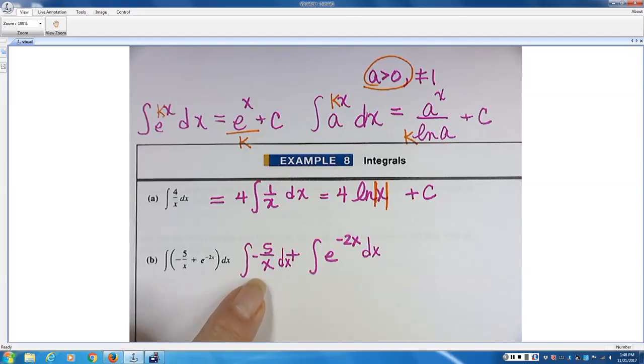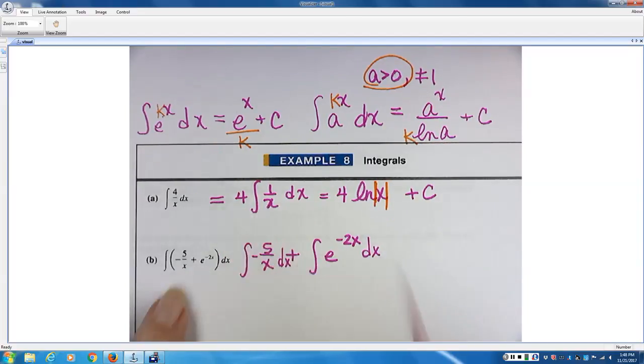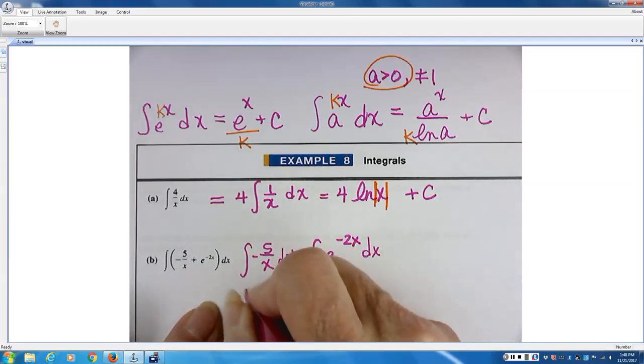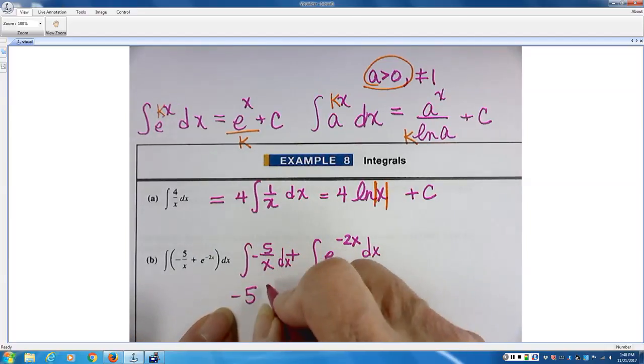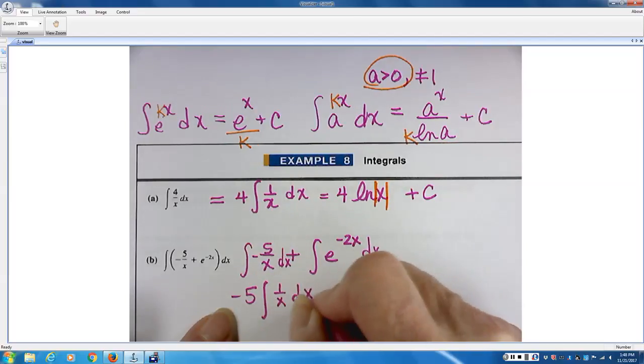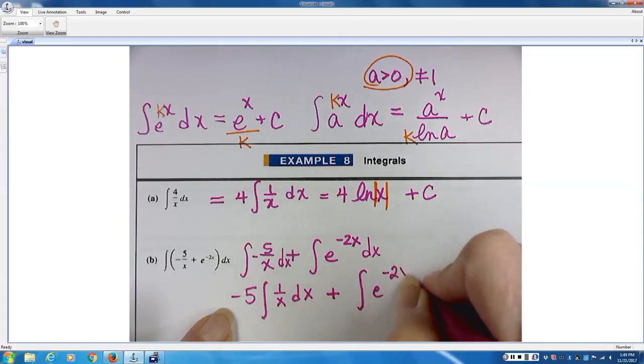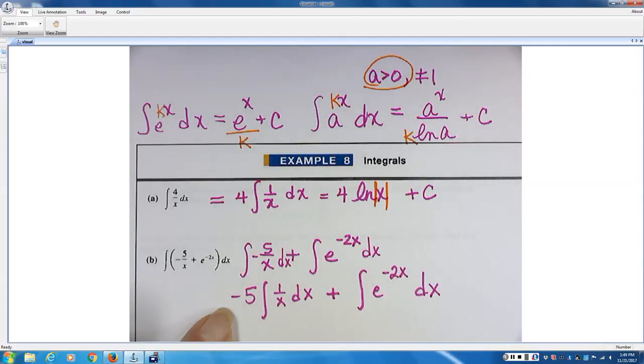And just like we did with the 1 over x here and putting the 4 out front, we do the same thing here. We pull that negative 5 out front just to make life easier. So that'd be negative 5 times 1 over x dx plus the integral of e to the negative 2x dx.